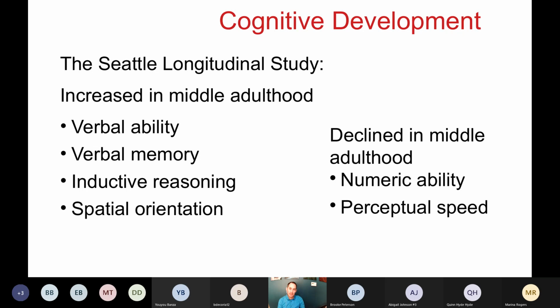Perceptual speed and hand-eye coordination specifically is a thing that actually decreases really early on in life. A really good example of this is actually gaming competitions. Like first-person shooters or other gaming competitions, most of the participants there are younger than 25, because at about that point is when you start to lose a little bit of that hand-eye coordination.